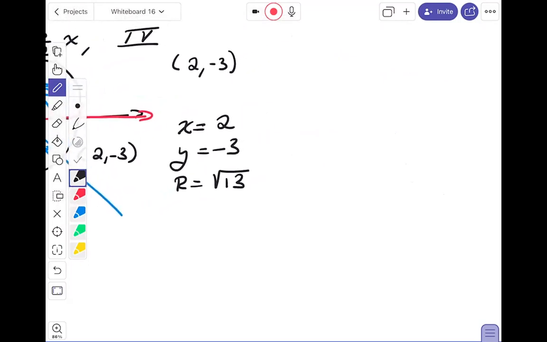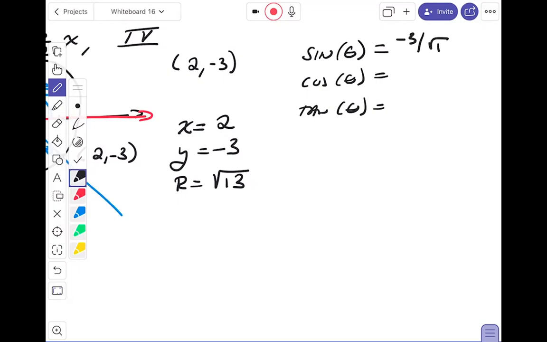Relatively simple to do. Sine of theta, cosine of theta, tangent of theta. What's sine of theta? Well, it's going to be the y, which is minus 3 over root 13. That's the r. Cosine is going to be x, which is 2 over root 13.